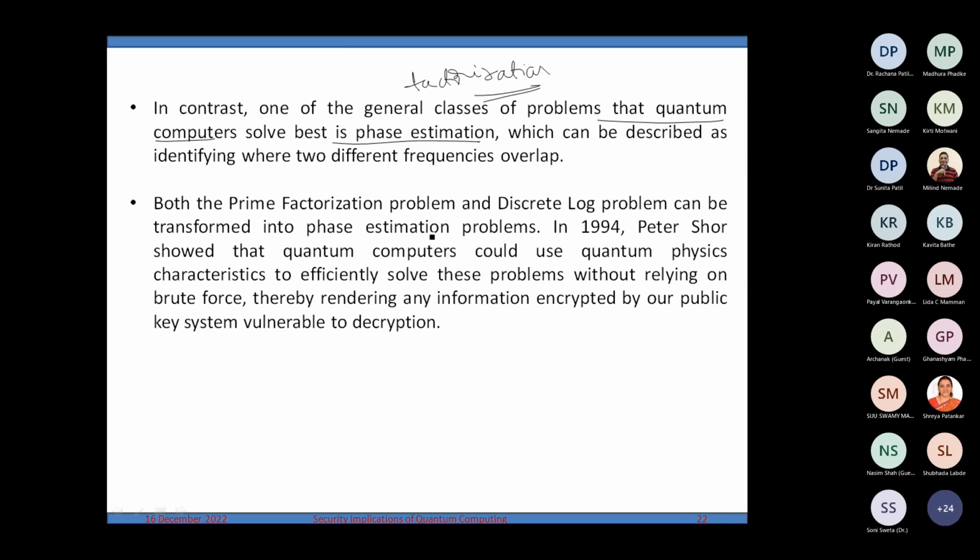In 1994, Peter Shor showed that quantum computers can use quantum phenomena such as superposition, entanglement and coherence to effectively solve the factorization problem, without relying on brute force approaches like classical computers.